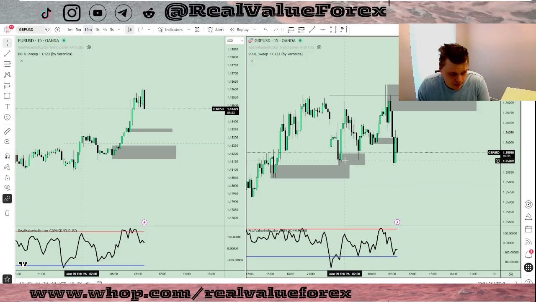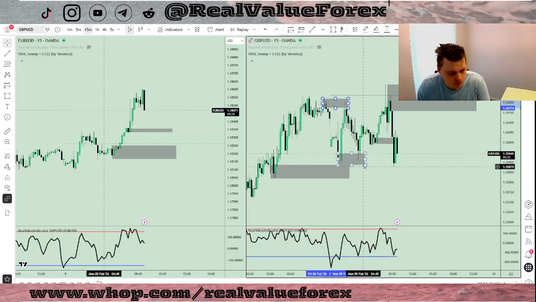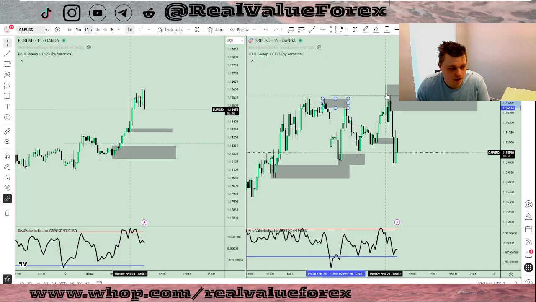This one, really nice order block, hit, took off. Here same thing, really nice order block, tapped, took off. Then the next order block, and it took off. Now we don't have any order blocks, but we had this clear target, previous day high, and we hit that one, which means price did everything it needed.